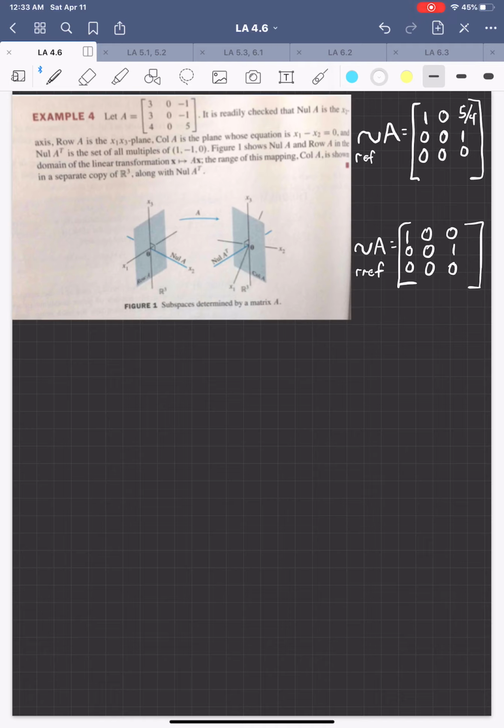Now, it's only later in chapter 6 where we actually start to study the geometry of the row space and the geometry of the null space. I'll just tell you right now, we're not in that chapter, but they only have the 0 vector in common, and the spaces are actually perpendicular to each other.